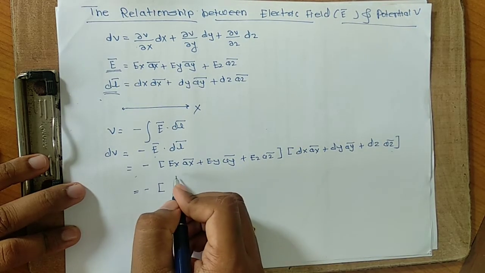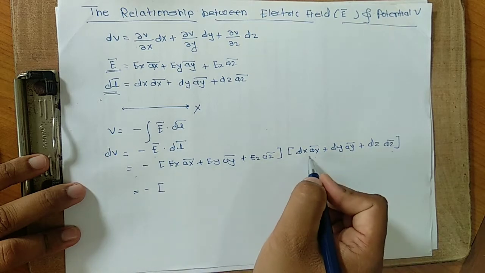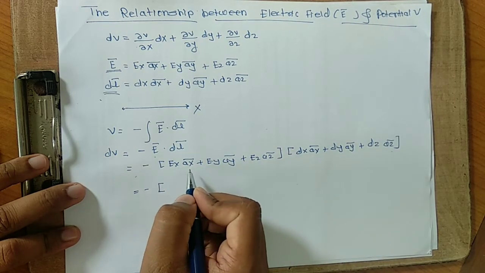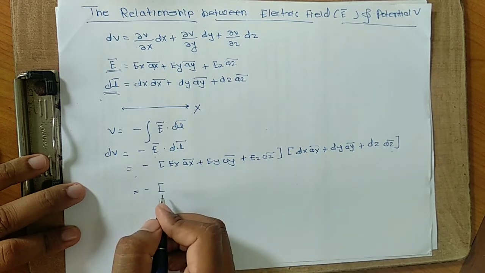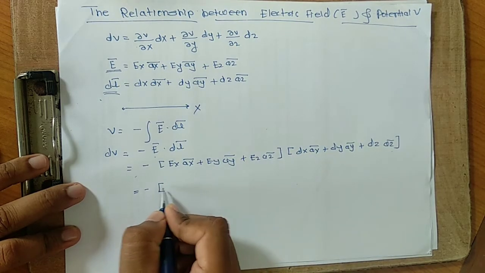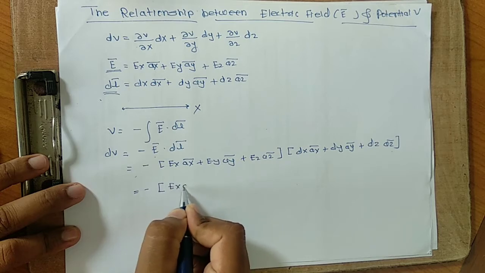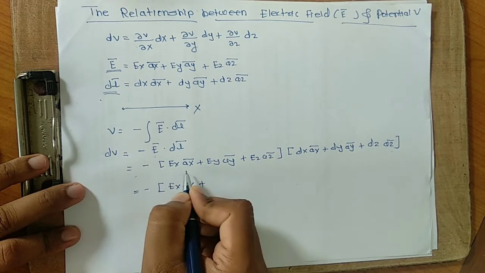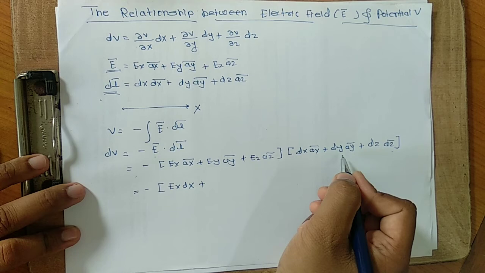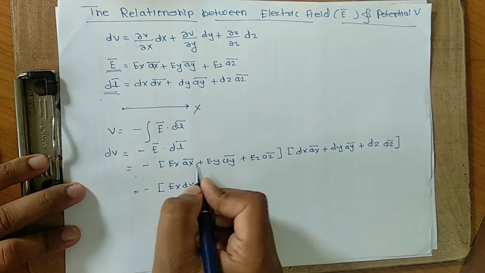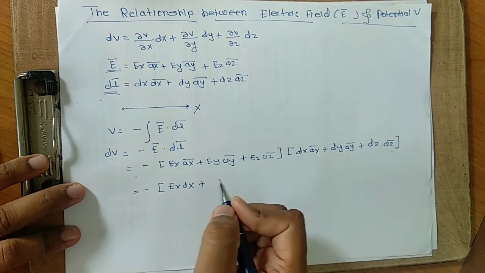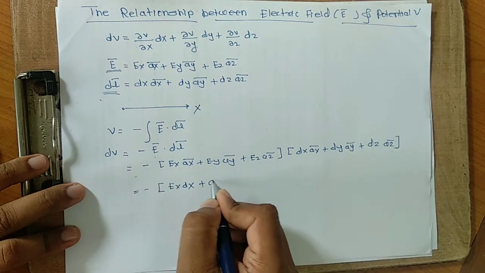So first of all, multiply this Ex ax bar. What will happen if Ex ax bar multiplies with dx ax bar? The dot product of ax bar with ax bar is 1. So we get Ex dx, plus Ex ax bar into dy ay bar. Ax bar dot ay bar is 0, and ax bar dot az bar will be 0. So these two terms will be 0.